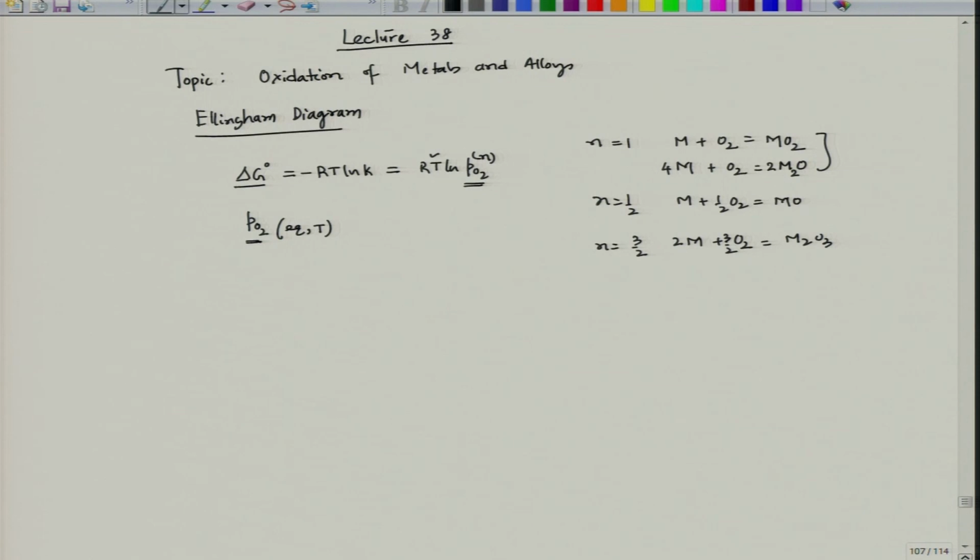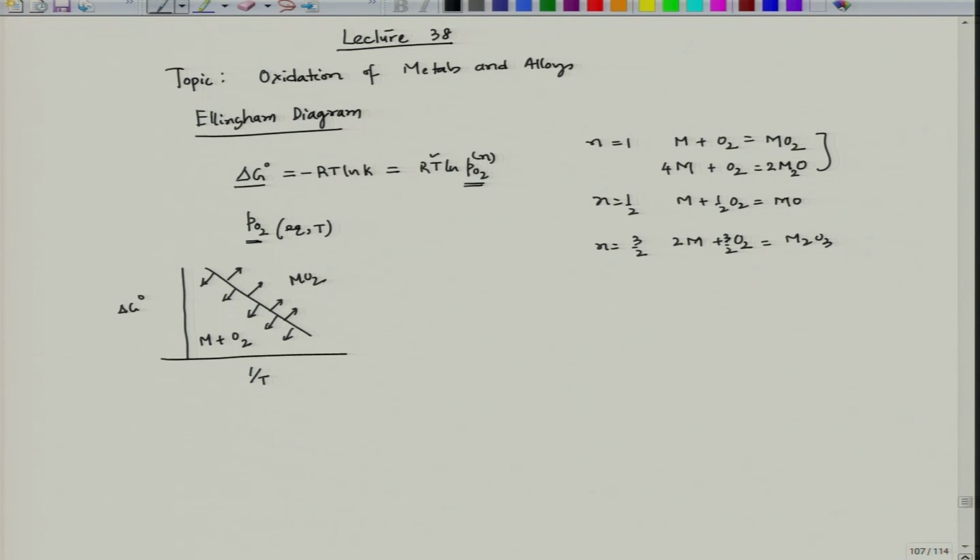Now, we have seen that if we plot delta G0 with 1 by T, we get a plot like this, and if we stay down this way we get M plus O2, and if we go in that direction then we have MO2.